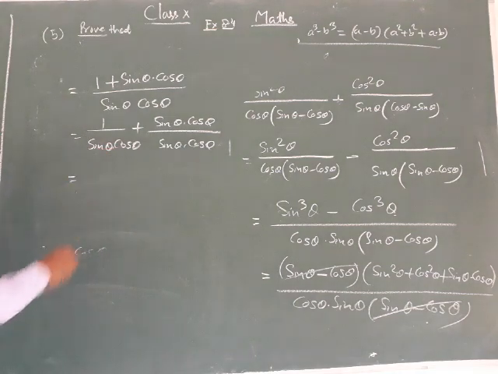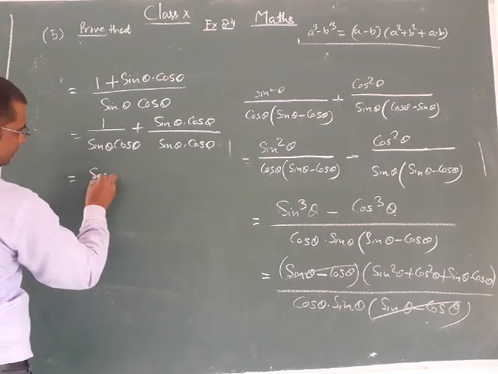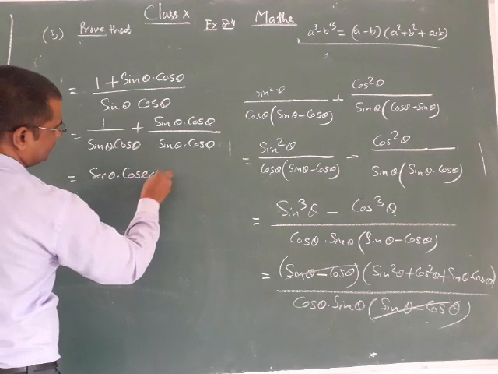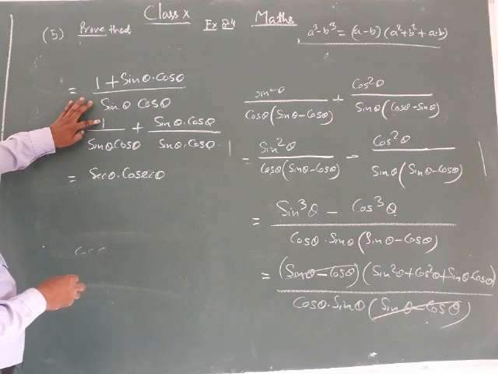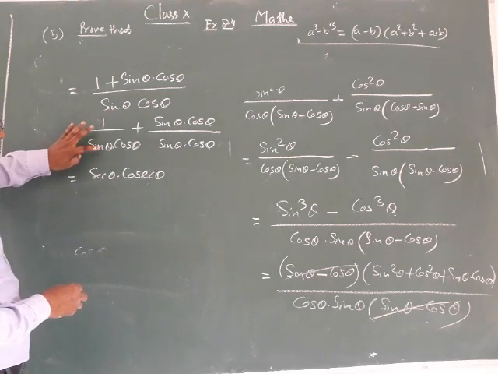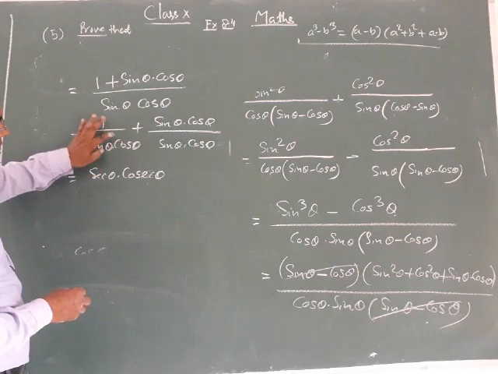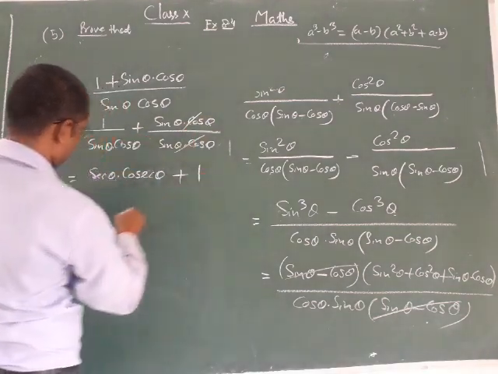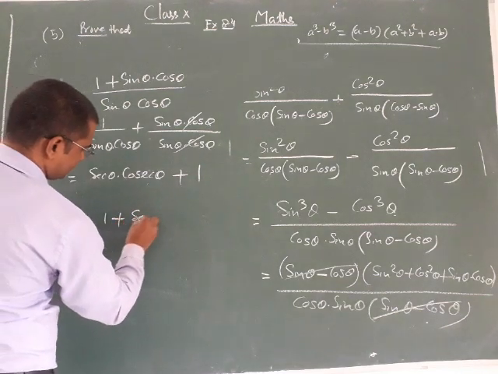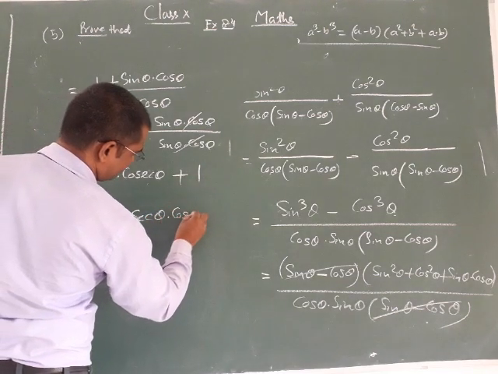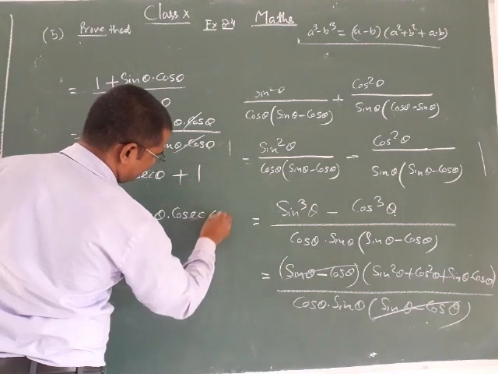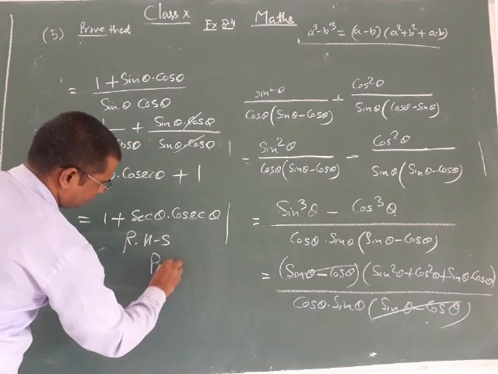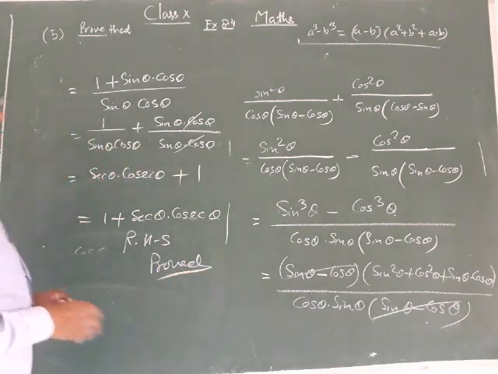So 1 upon sin theta cos theta is sec theta cosec theta, since 1 upon sin is cosec theta and 1 upon cos is sec theta, and the other term cancels out to 1. So it is 1 plus sec theta into cosec theta. This is the right hand side. Proved.